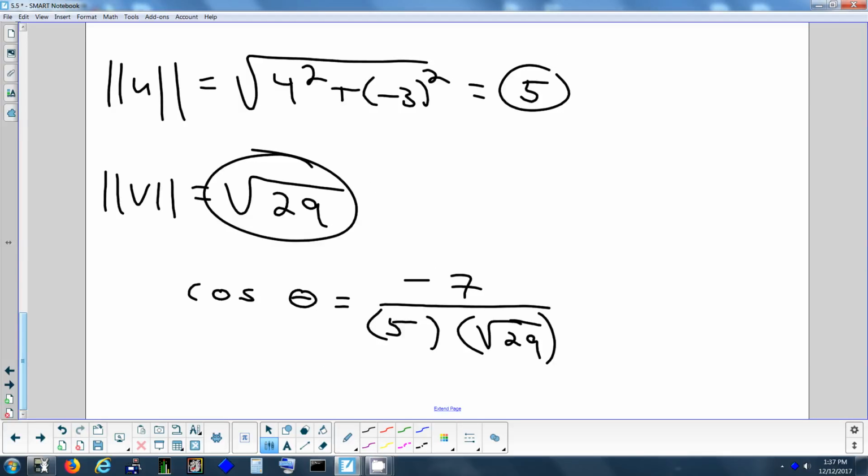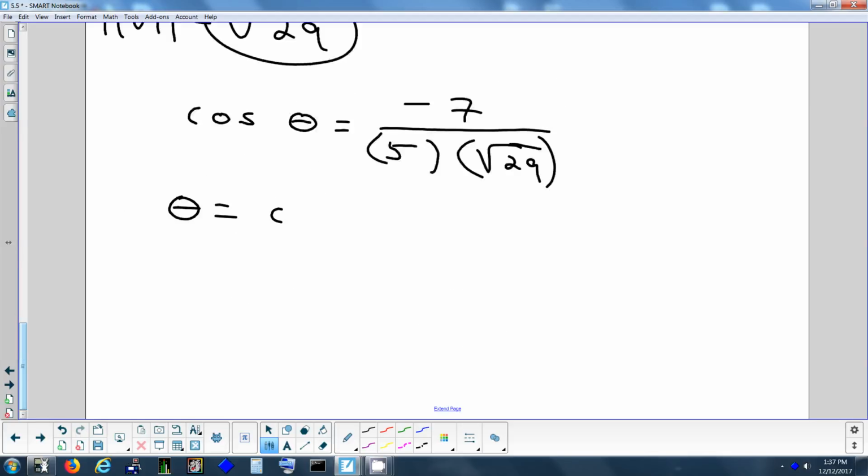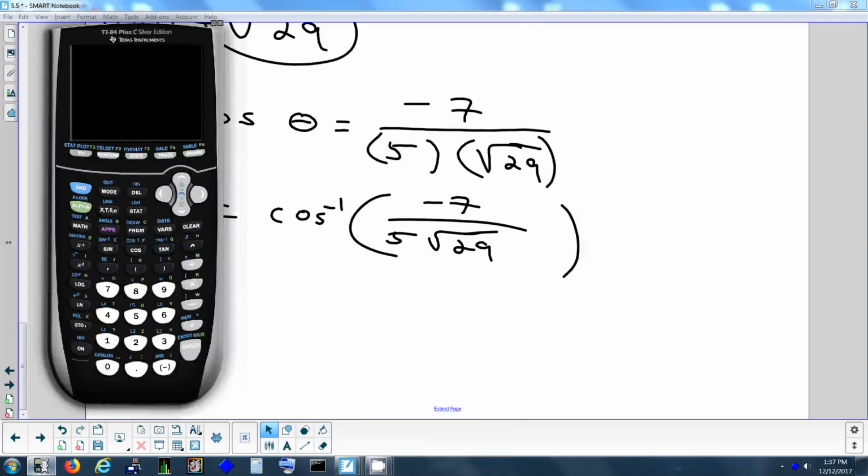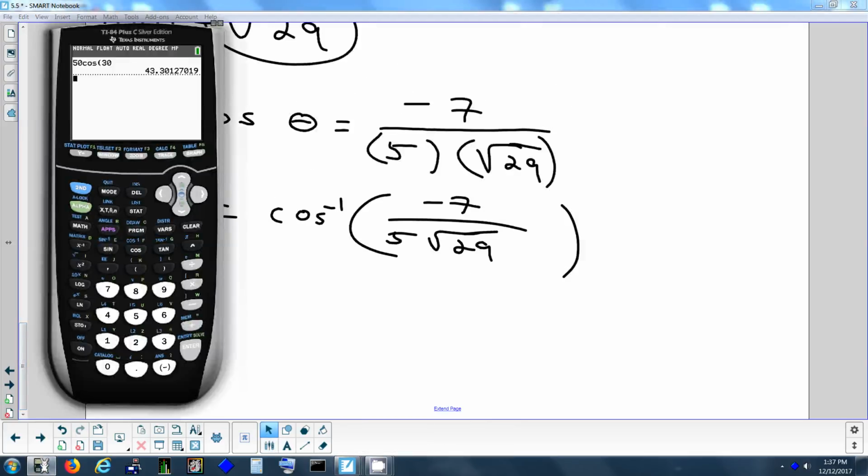Now, if I work out the right-hand side, is that my angle? Would you have to take the inverse cosine? Yeah. The right-hand side is the cosine. So take the inverse cosine of everything on the right-hand side. Degrees is good.